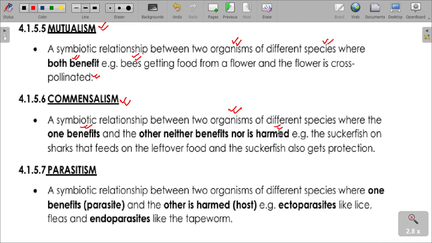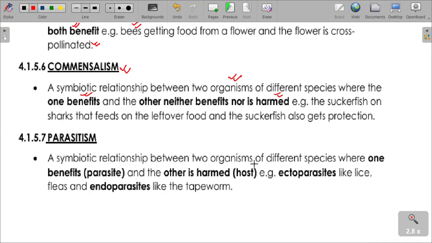And then parasitism, a symbiotic relationship between two organisms of different species where one benefits, the parasite, and the other is harmed, which is the host.